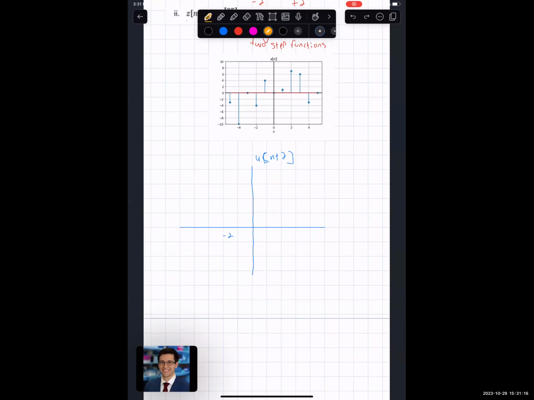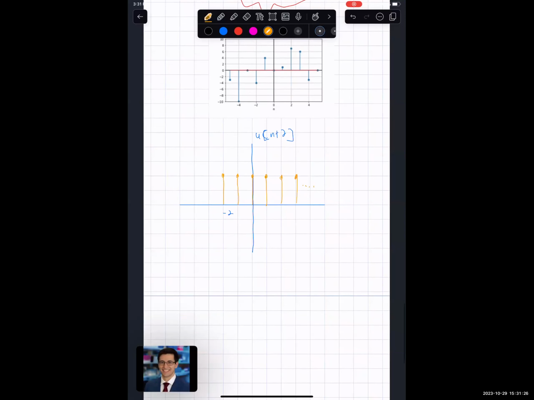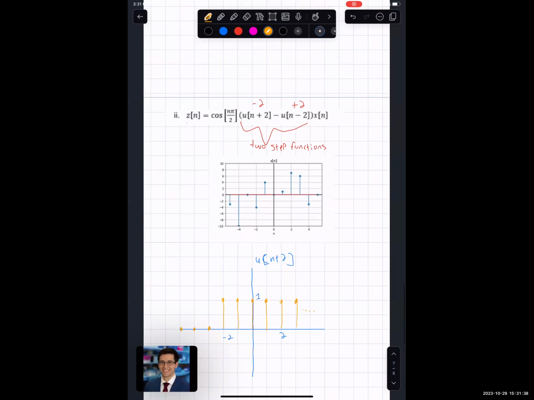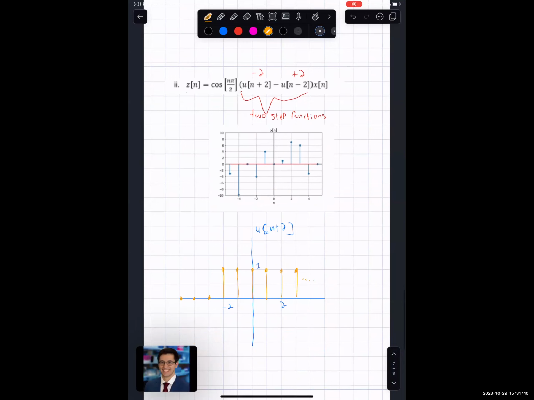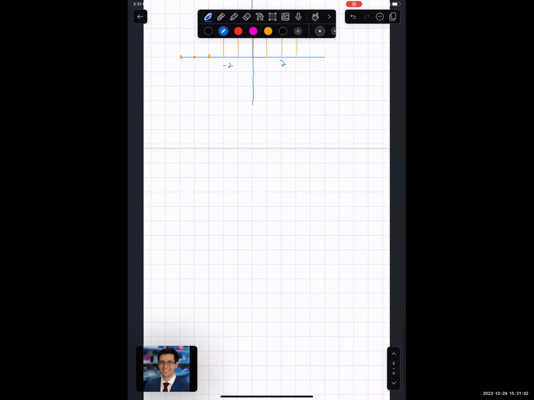So at n equals -2 is when it's going to start being 1. It's going to be 1 forever. This will be 2, 1 up there. And then everything before this, guys, is going to be 0. Okay? And inside this parentheses, we're subtracting this function by a u of n minus 2. So let's graph that too.